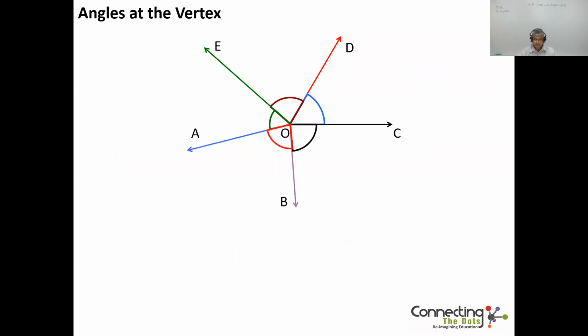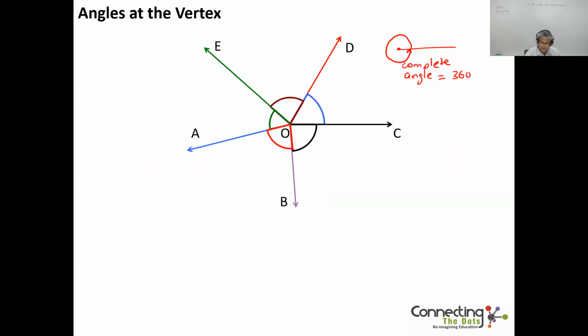Now, angles at a vertex. You remember when we were learning the angles, we had an angle in which we turned all the way around. That was called the complete angle. So how much was the complete angle? 360 degrees.